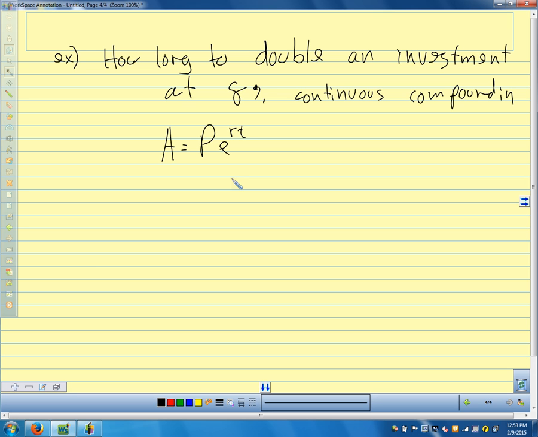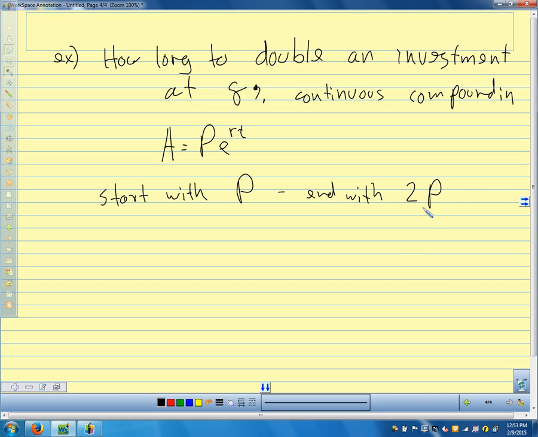All right, so it doesn't give us an amount. It doesn't give us our principal. So if we start with some principal P, if we double our investment, what do we end up with? 2P.